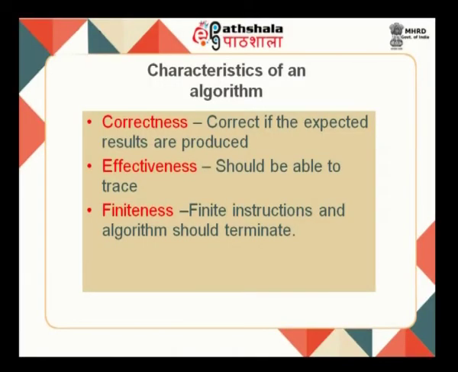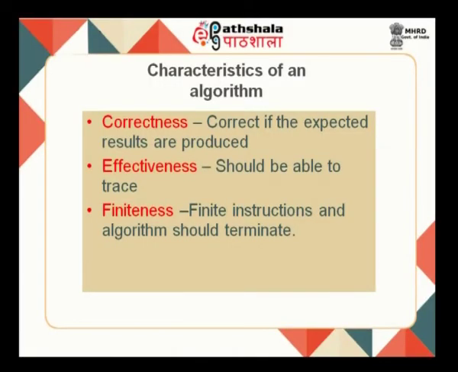So, in other words, the instructions which I give as part of my algorithm should be very clear and unambiguous, and all the instructions that I provide should be unique, and order is very important. For example, if I change the order of the instructions, then I will not get the expected output. So, in other words, the order is sacrosanct in algorithms.